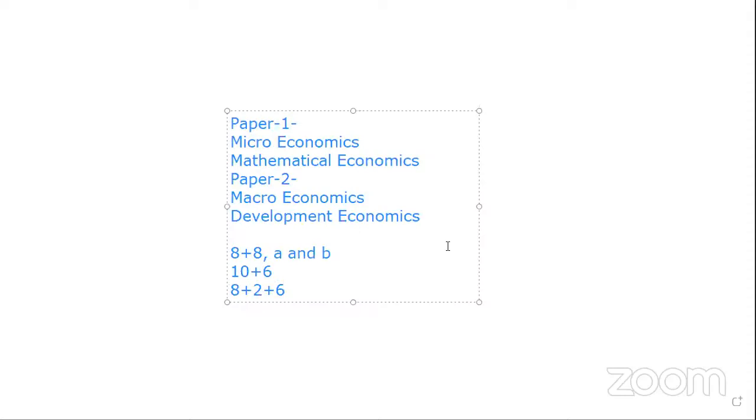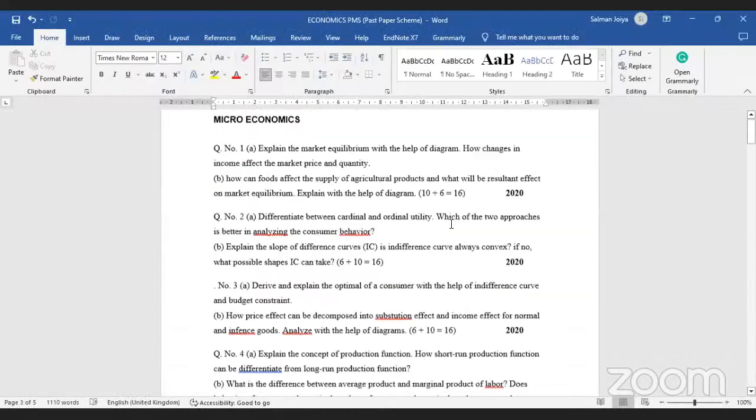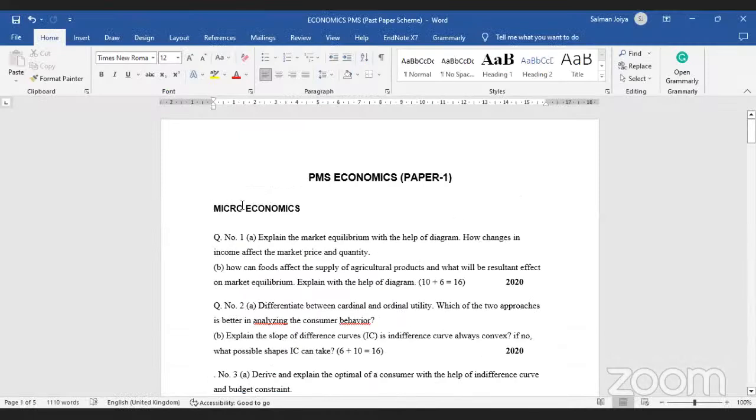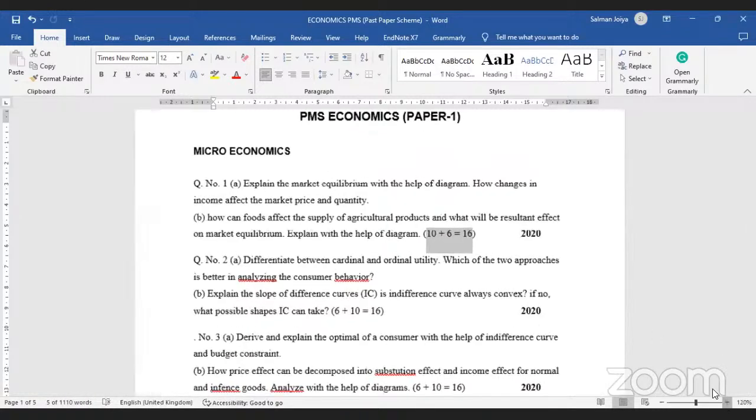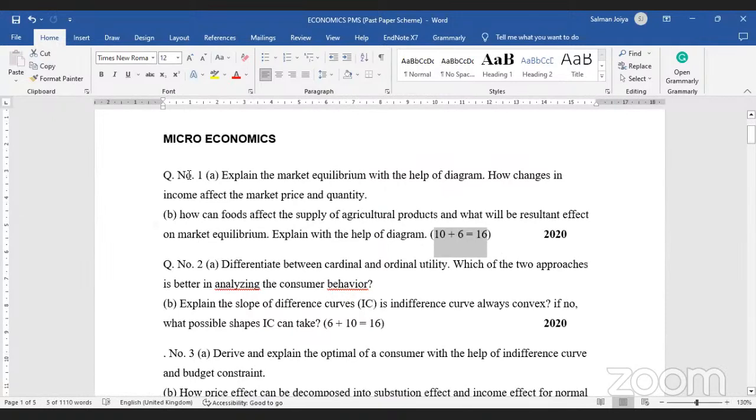If you go through the past paper scheme, let me show you some of the past paper questions. I hope the screen is now visible to you. These are the questions of microeconomics of the last 10 years of PMS, which I have already extracted from some past papers. For example, if you see over here, the highlighted portion is 10 plus 6 equals 16.